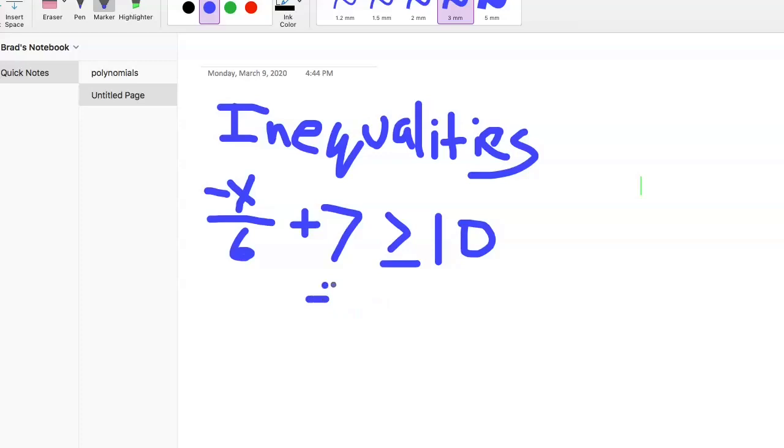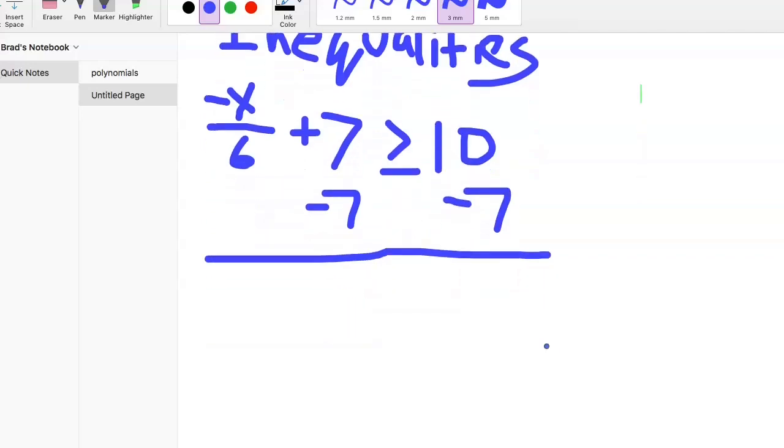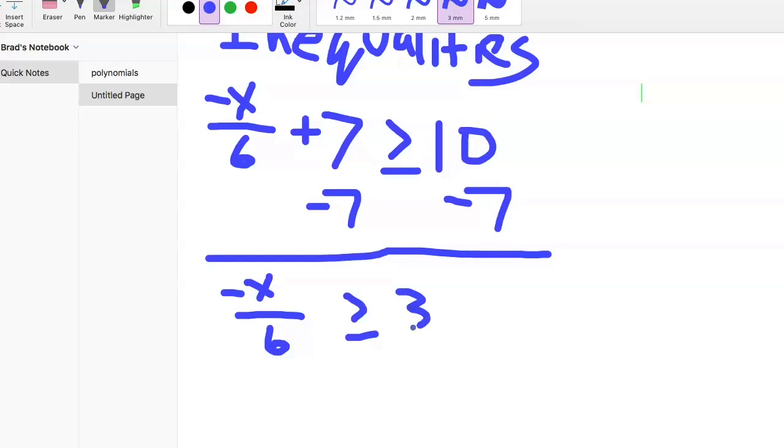So I'll subtract 7 from both sides, and we'll have that negative x divided by 6 is greater than or equal to 10 minus 7, which is 3.